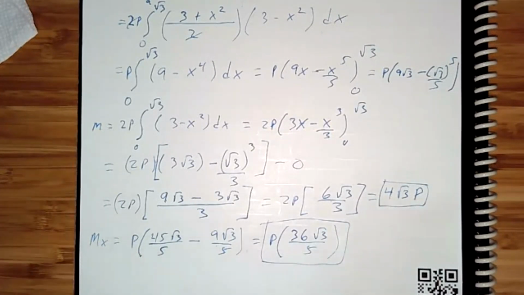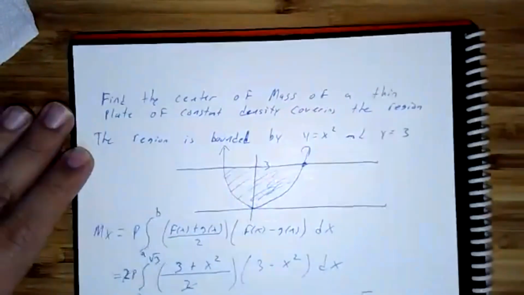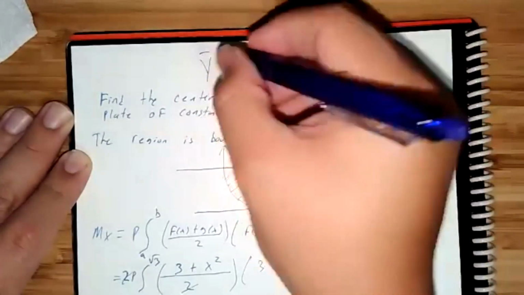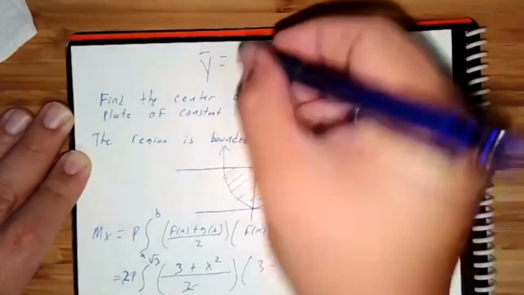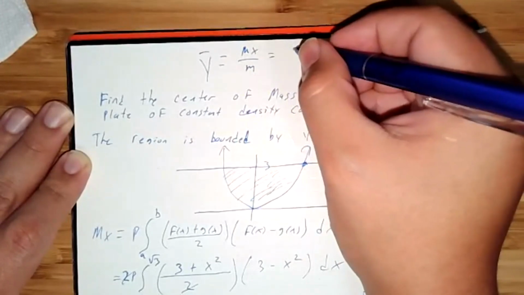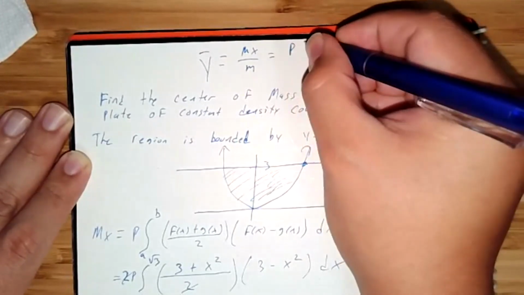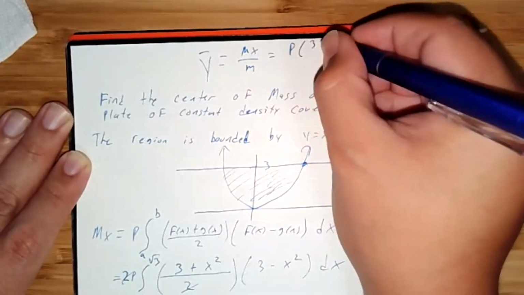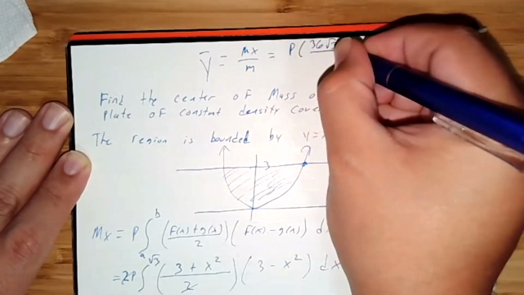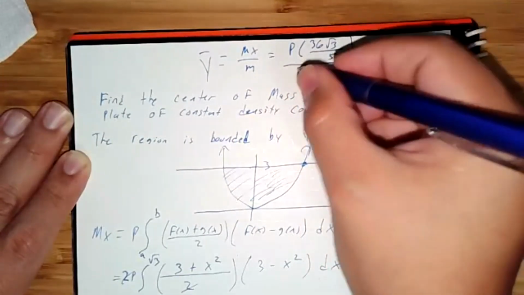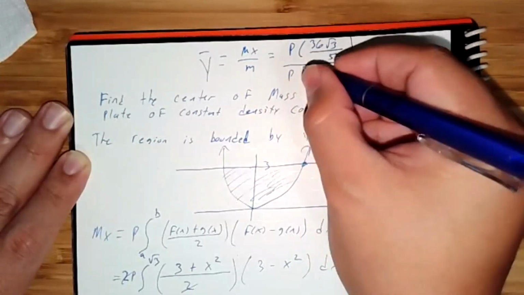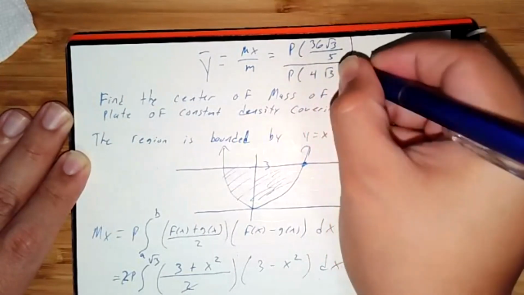Now, finally, the final answer. I think I have space. Maybe I can write at the top. Y bar is equal to Mx over m, which is equal to rho times 36 root 3 over 5 divided by rho times 4 root 3.